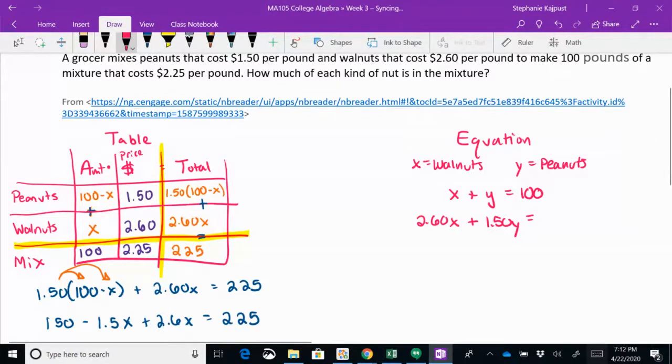And then our mixture has 100 pounds, and that's costing $225. So I basically write one equation, which is just the total, and then I multiply each of those by their price. This would be the same thing as if it was like a percent type of problem. You'd be multiplying them by the percent.